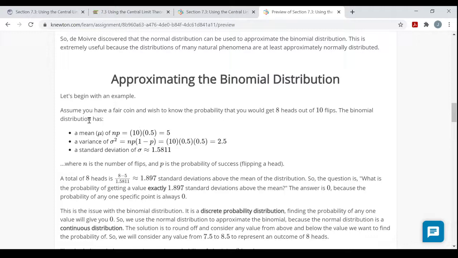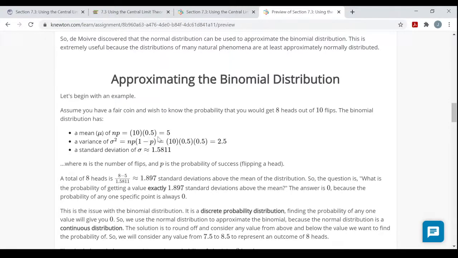The binomial distribution has, now remember these formulas from chapter 4, the mean value of the binomial was n times p, the number of trials times the probability of success on each trial. So there's 10 flips, and the probability of flipping a head on each of them is a half.